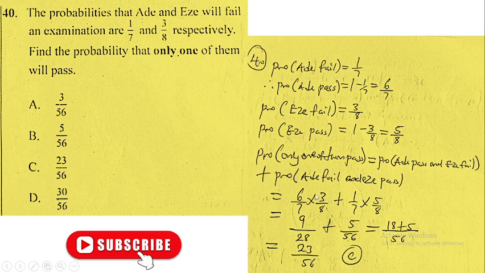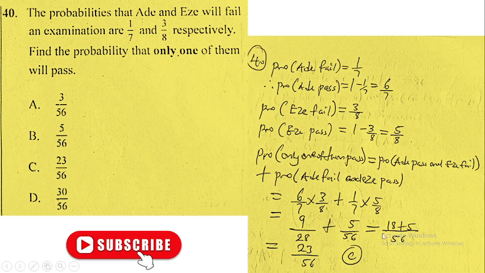If we simplify that further, 2 here, 3 here, 2 here, 4. 3 times 3 gives us 9. 4 times 7 gives us 28, plus 5 times 1 is 5. 7 times 8 is 56.